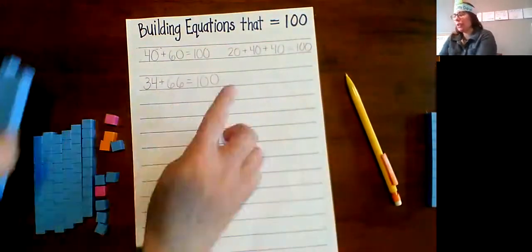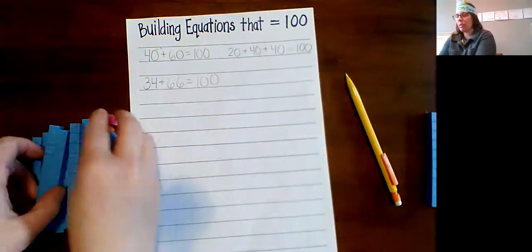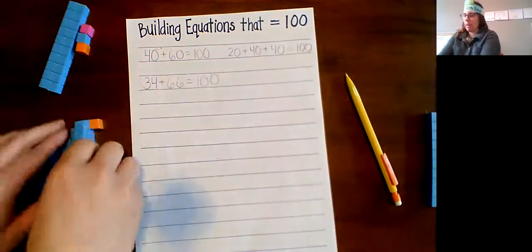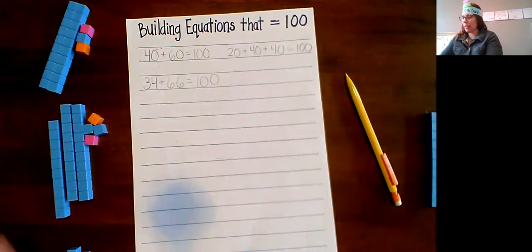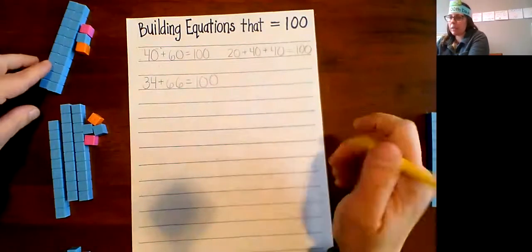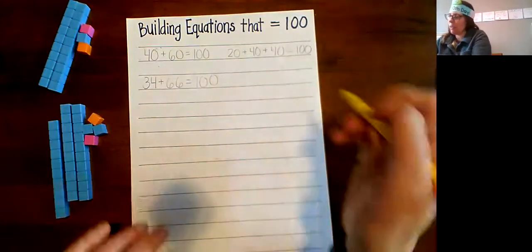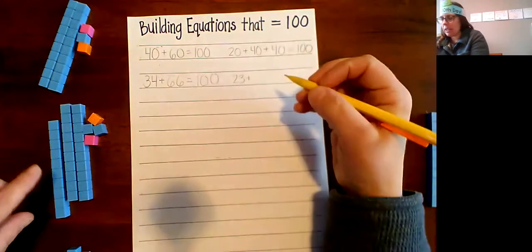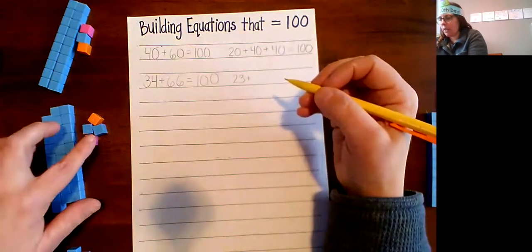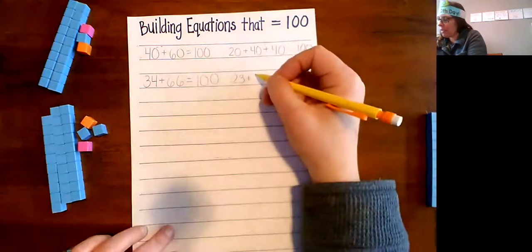Now you could do it with 3 parts like we did before. So make this into 3 groups. Let's see. What is our first group here? 10, 20, 21, 22, 23. 23 plus 10, 20, 30, 31, 32, 33, 34.